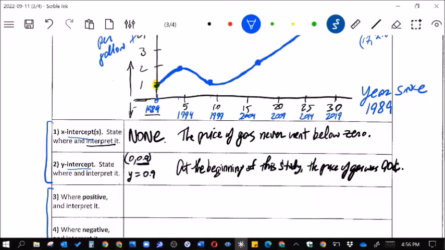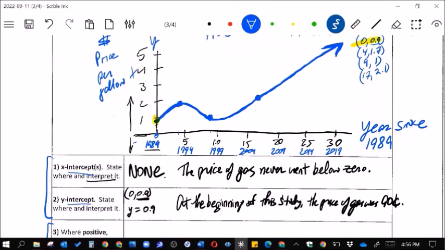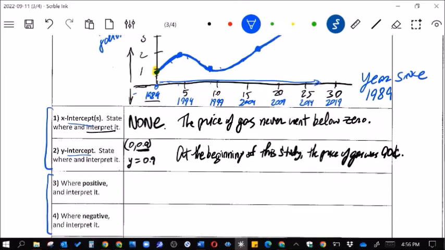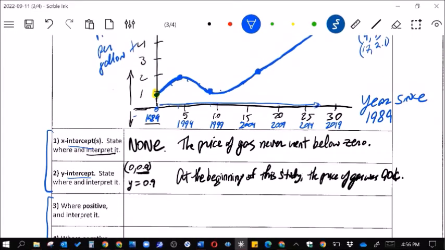So as you move along the x-axis, where is it positive and where is it negative? Well, starting from 0 and moving along the x-axis, all these amounts are positive. So it's positive in the entire graph.